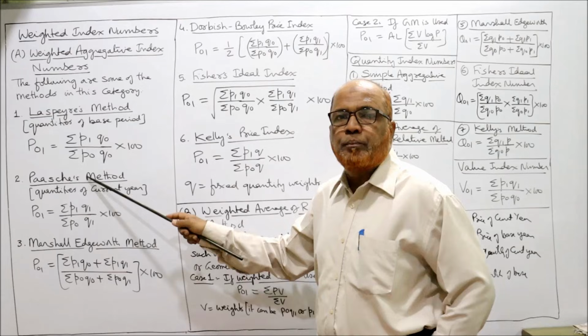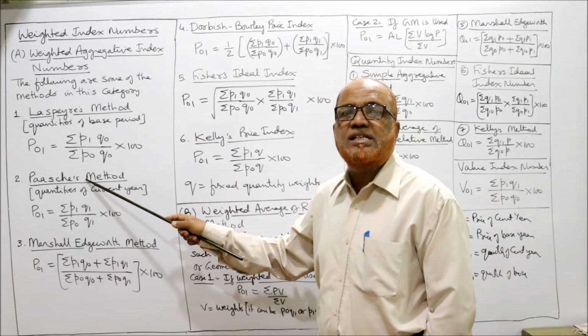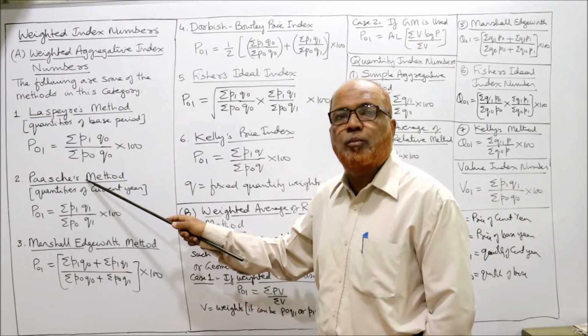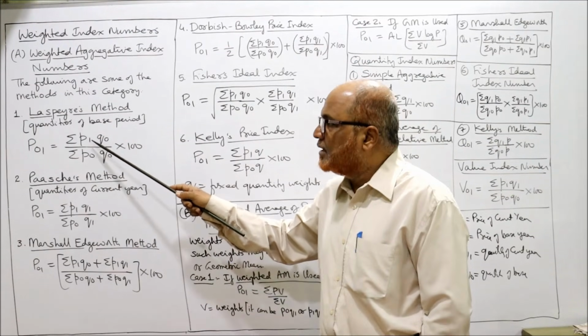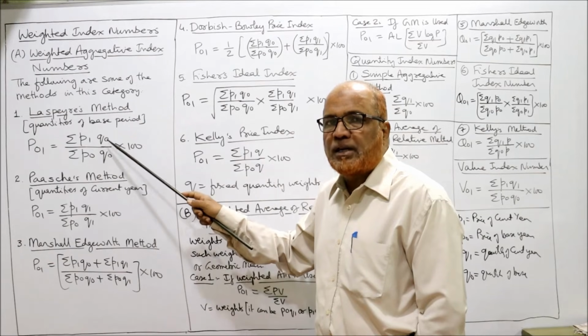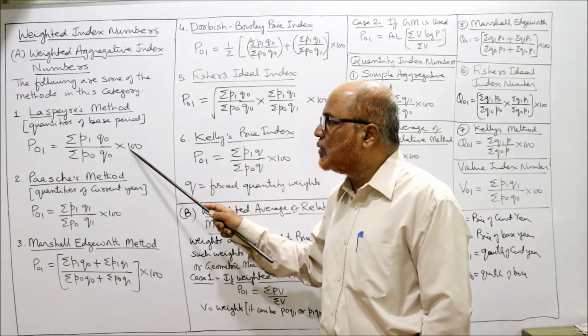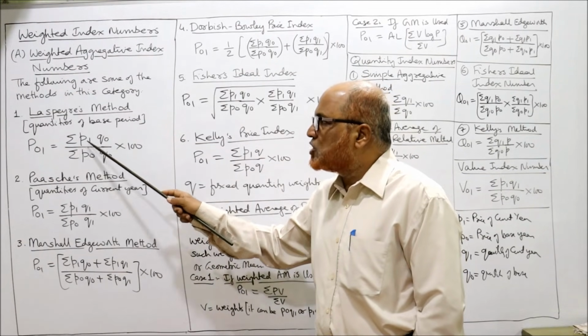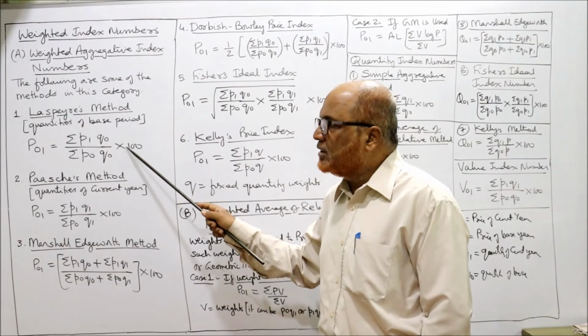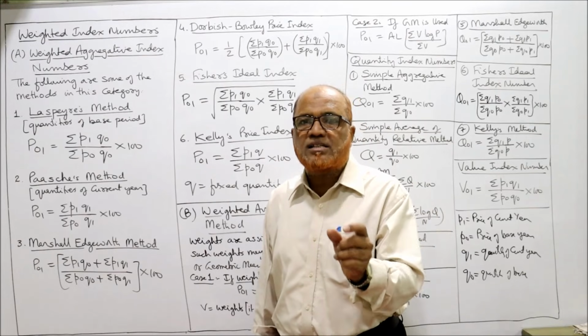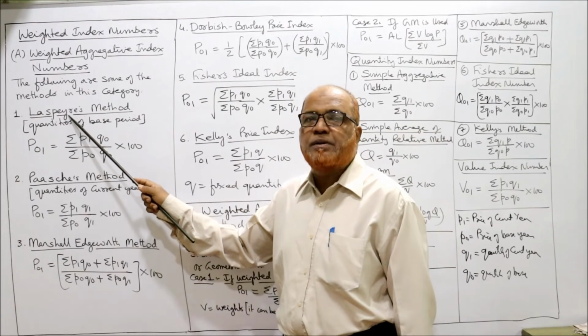P1 by P0. P1 by P0 is the price index of current year compared to base year. तो P1 by P0 को मल्टीप्लाई करेंगे Q0 into 100. The formula is summation P1 Q0 divided by summation P0 Q0 into 100. This is the formula for price index according to Laspeyres' method.